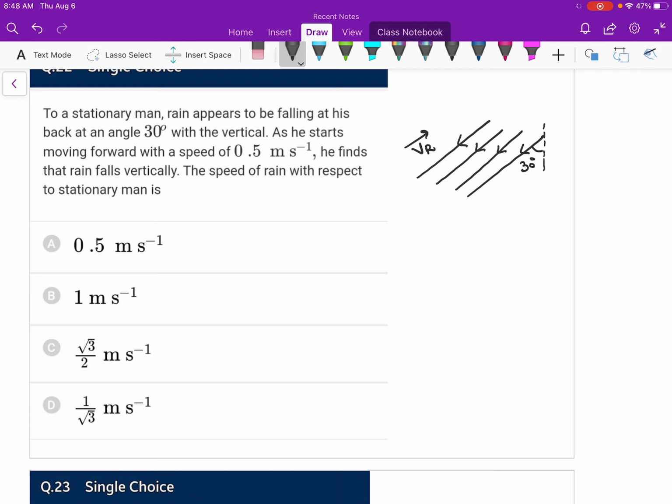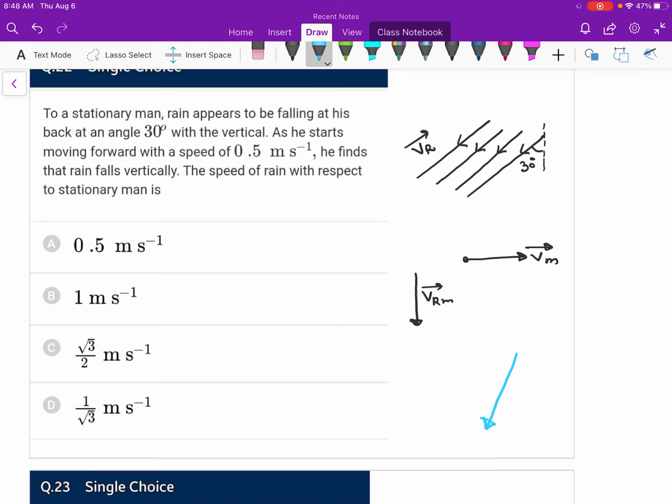As he starts moving forward, the man starts moving forward, he finds that rain falls vertically. Velocity of rain relative to the moving man becomes vertical.